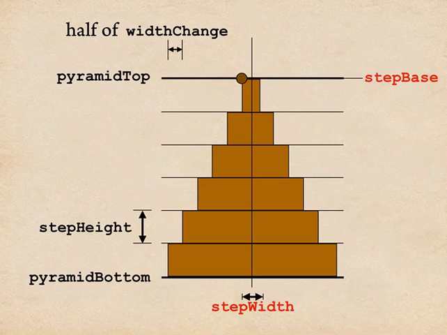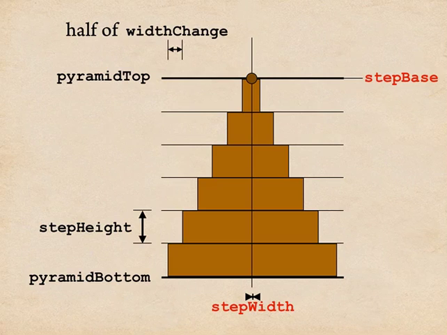One is, when we move step base, if it ever gets to be equal to or above pyramid top, we know to stop. Or we can do the final change to step width. Now the width of this step is 0 or less, and so that's another signal we can stop. Either of those 2 choices tells us that the pyramid is finished and we're done with the frame.